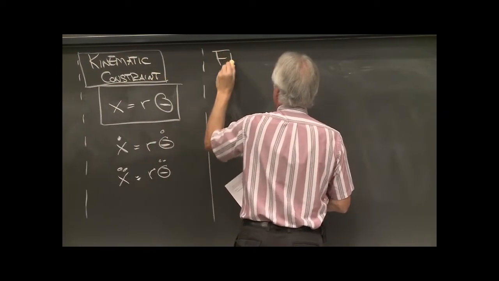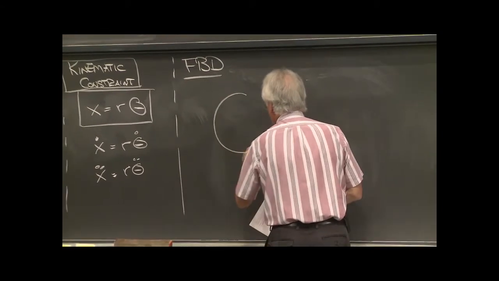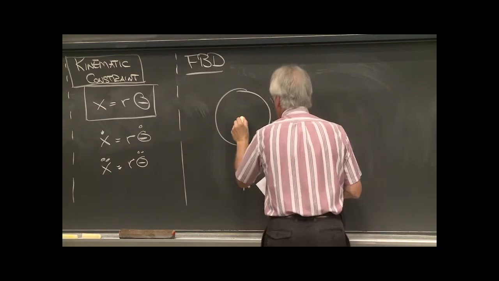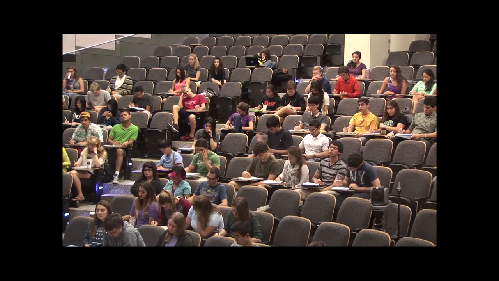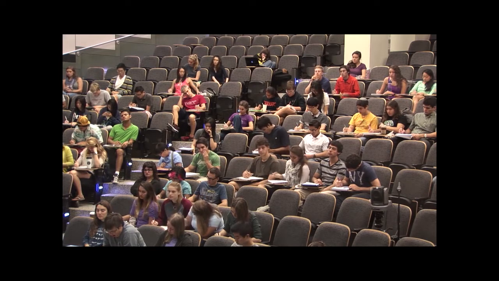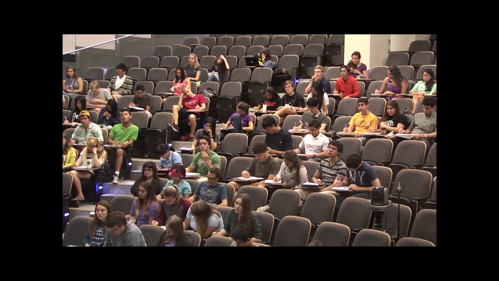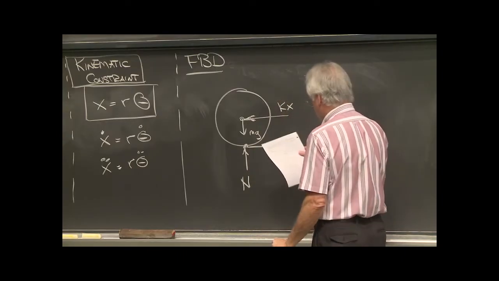You're also going to have to do a free body diagram. And in this one, this was fairly simple. There's N, there's mg, there is the force from the spring, and I'm going to simplify this and call it F sub k, and here is the friction force.